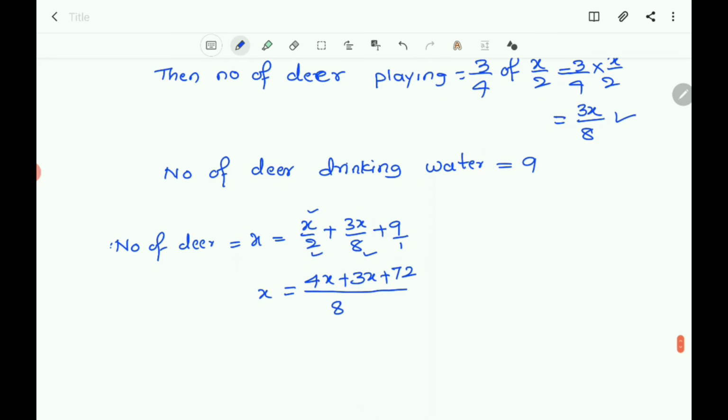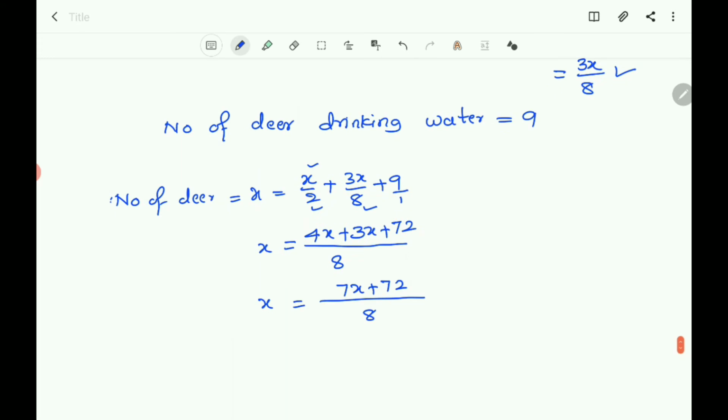So x equals 4x plus 3x, which is 7x, plus 72 over 8.